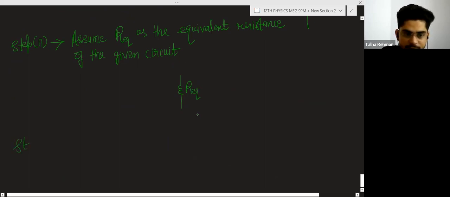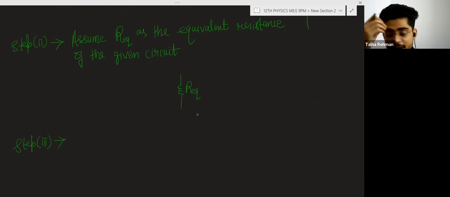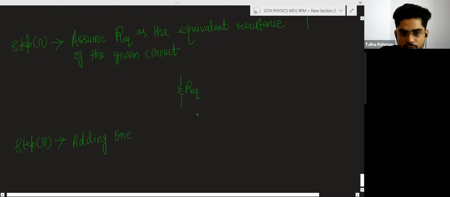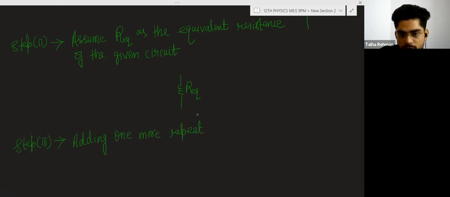Now in step 3, you will add one more repetition term in the circuit.